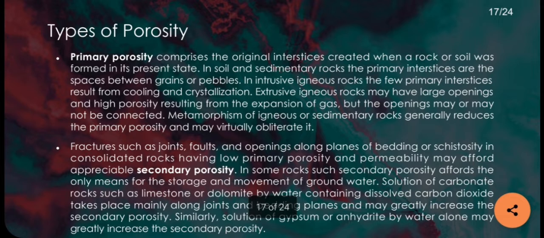Solution of carbonate rock, such as limestone or dolomite, by water containing dissolved carbon dioxide takes place mainly along joints and bedding planes and may greatly increase the secondary porosity. Similarly, solution of gypsum or anhydrite by water alone may greatly increase the secondary porosity.